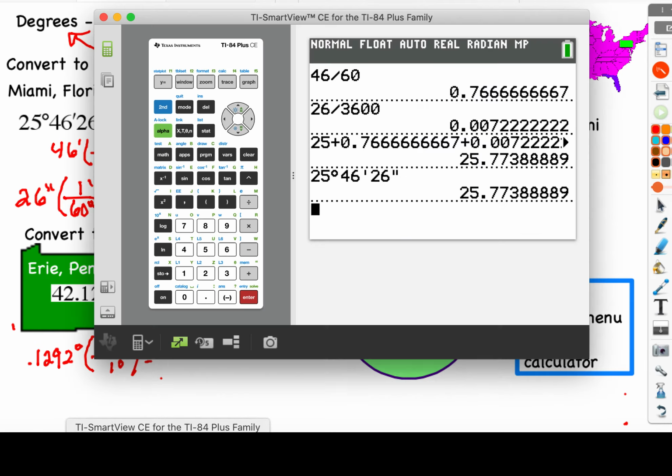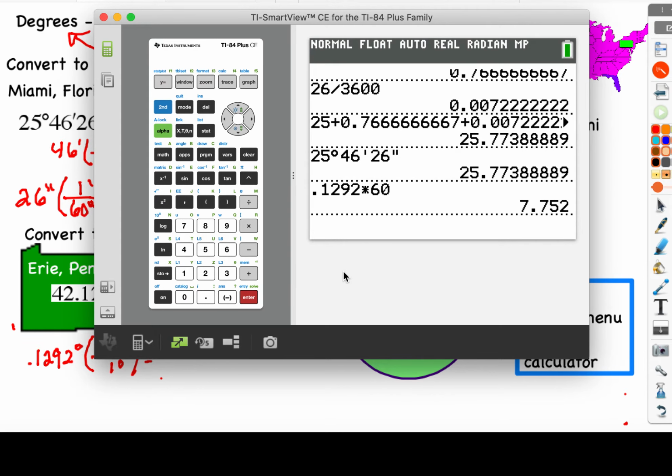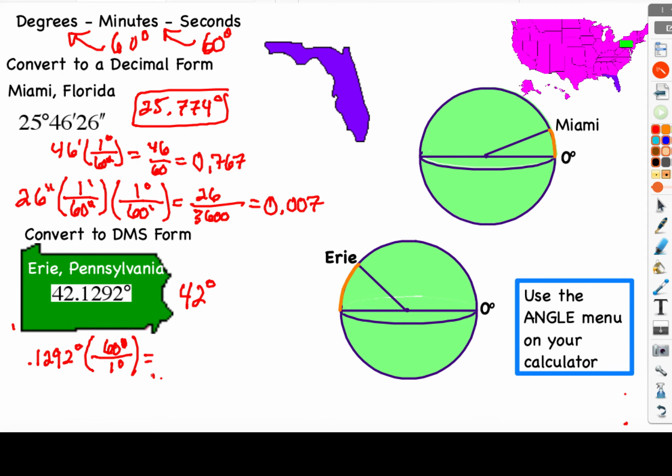So again, getting out our calculator, 0.1292 times 60, and we'll get 7.752. Well, that's a full 7 minutes.